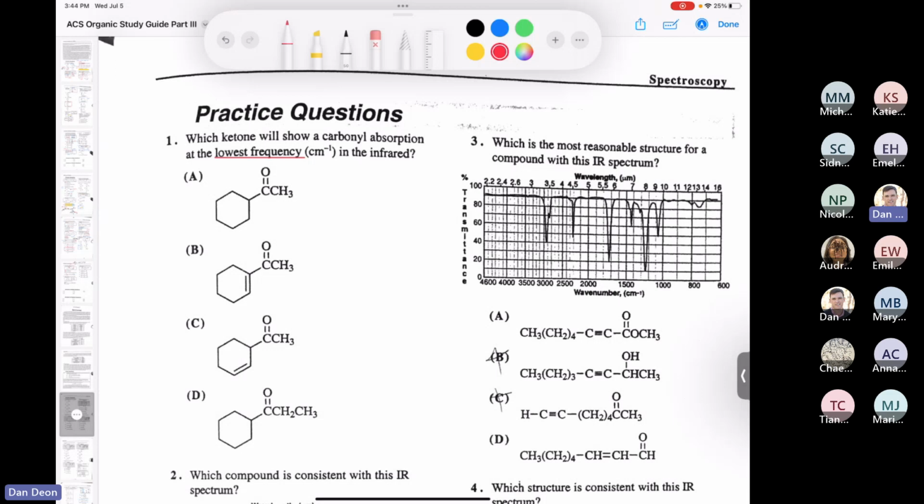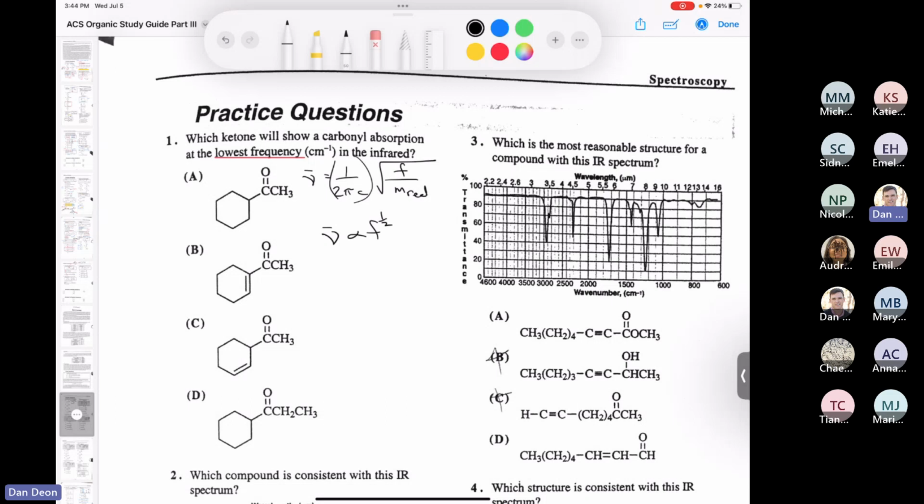It's not going to be A. So if you take a look at these, if you remember, when we looked at wave number in organic chemistry 1, wave number was equal to 1 over 2 pi times the speed of light multiplied by the square root of the force constant divided by the reduced mass. And so we see that wave number is directly proportional to the square root of the force constant in a way.